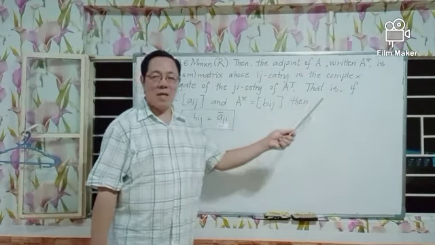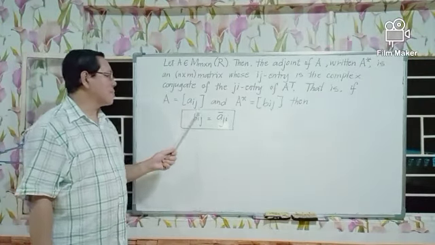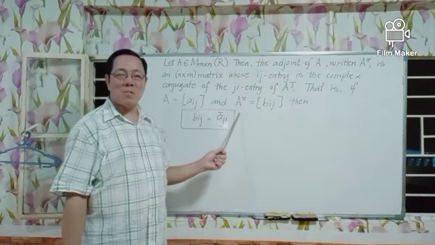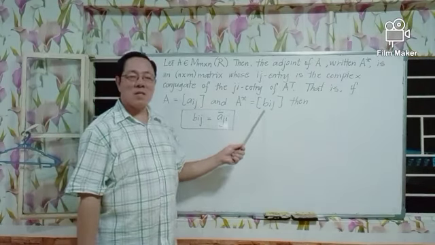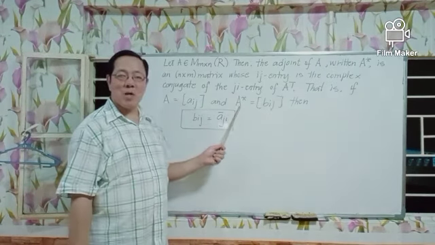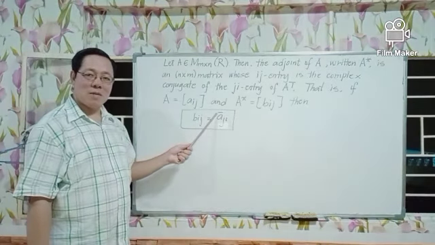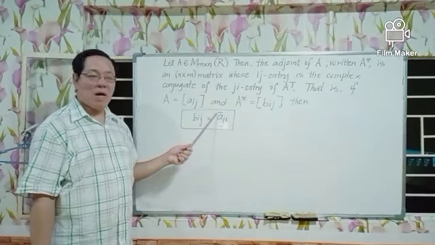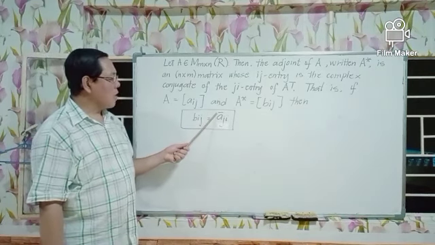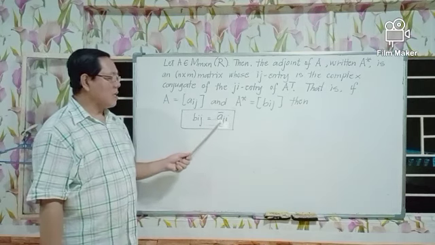That is, if A is a matrix with entries A sub ij, and the adjoint of matrix A, denoted by A star, has entries B sub ij, then the ij entry of the adjoint of A is equal to the conjugate, denoted by this bar on top of A, the complex conjugate of the ji entry, A sub ji.